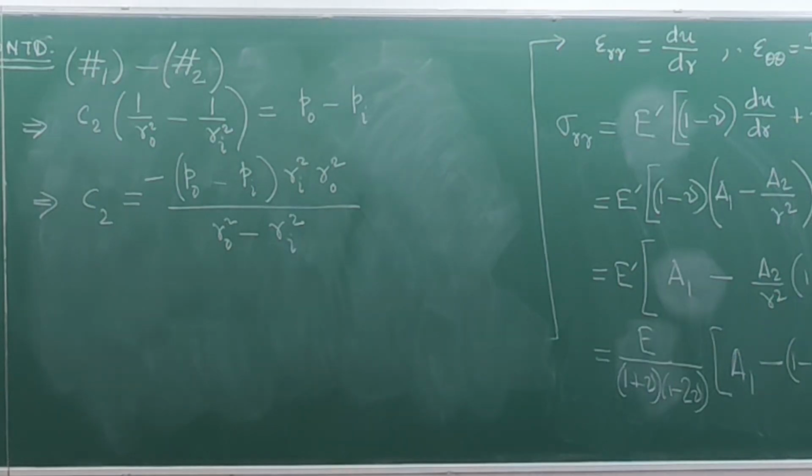Okay, so that's it. So we have our C1 and C2. All that you have to do is just take these things and put it back in the C1, the sigma RR expression, and you have the entire thing.